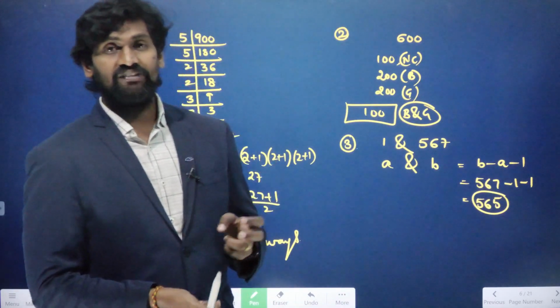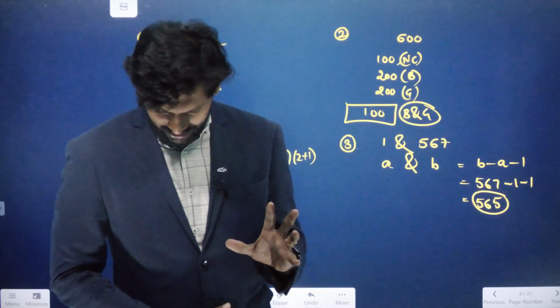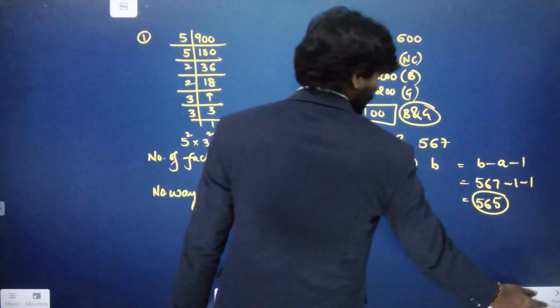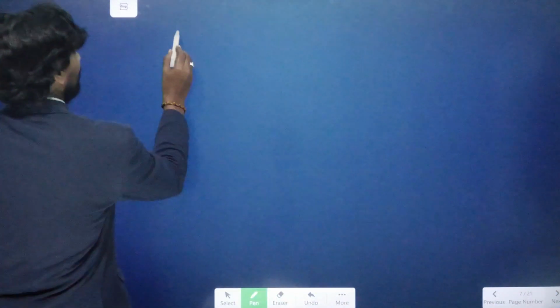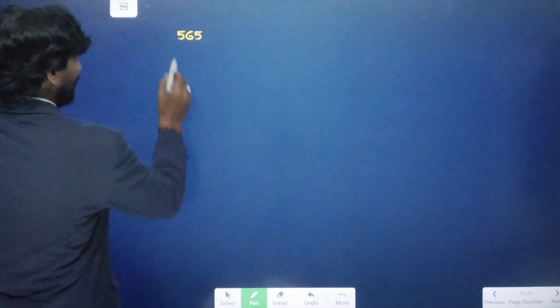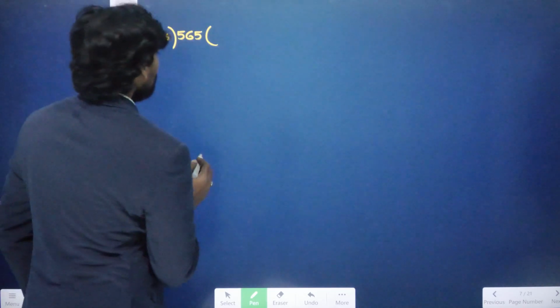565 integers will be there. Among them, which are divisible by 3, which are divisible by 5, or which are divisible by 7. Let us see that. Out of 565, the number of integers divisible by 3. Let us divide the integers with 3.